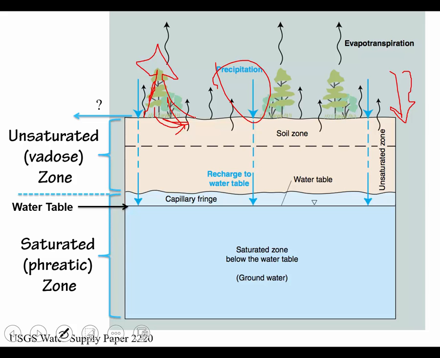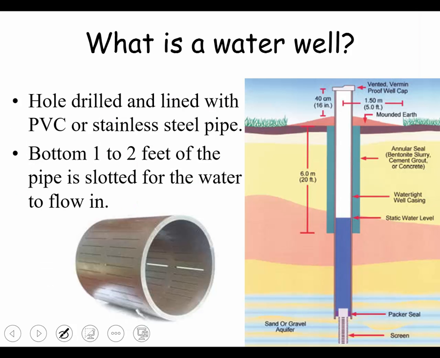So the water table, if you dug a hole right here, that's where the water would be. That's the level to which water would rise in a hole or a well. The capillary fringe is also saturated, and the height of that capillary fringe depends on the permeability and grain size of the individual fragments. But we're going to kind of ignore the capillary fringe.